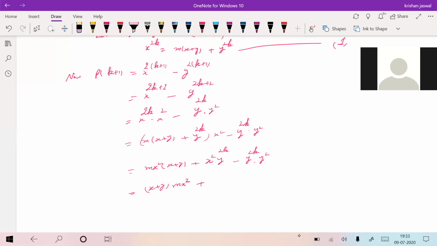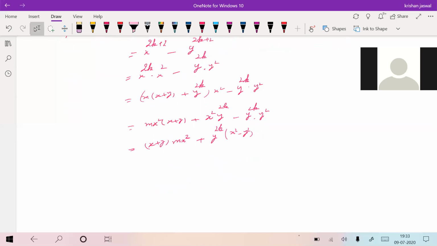What is common? In these two terms, y power 2k is common. So y power 2k into x square minus y square.